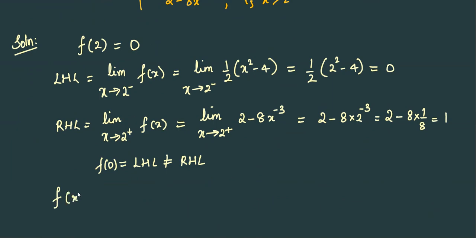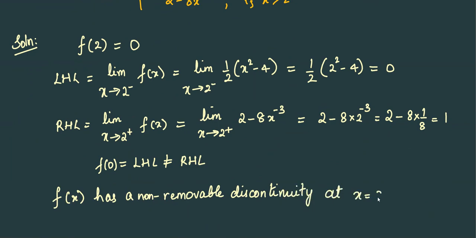So f of x has a non-removable discontinuity at x equal to 2, since the left hand limit is not equal to the right hand limit. It is also called jump discontinuity.